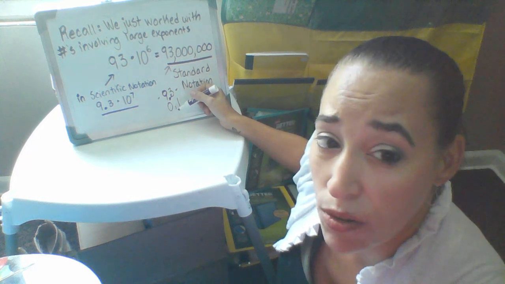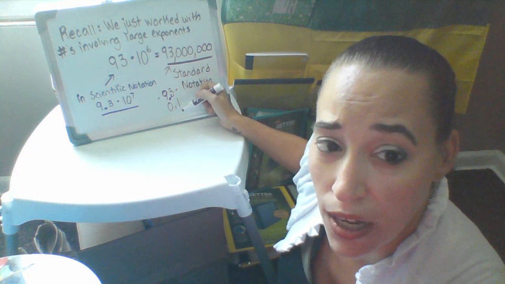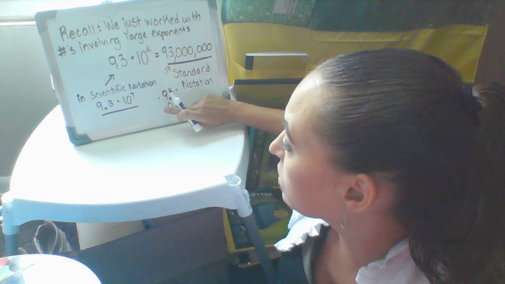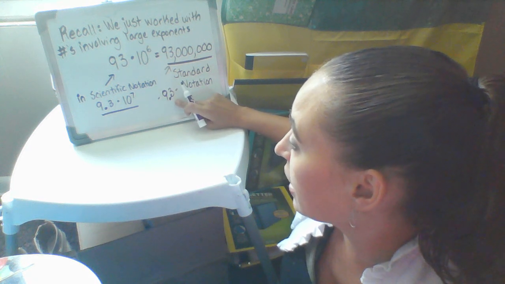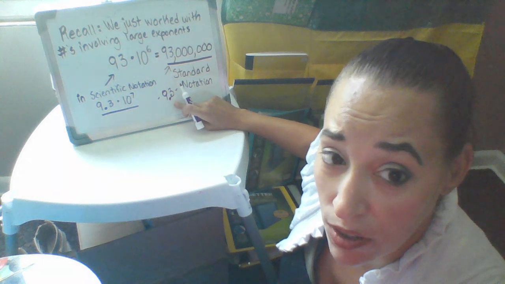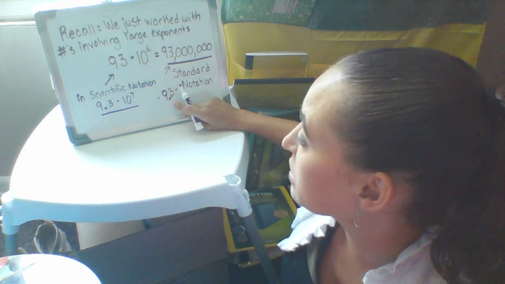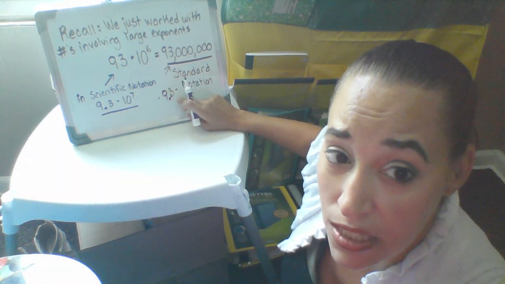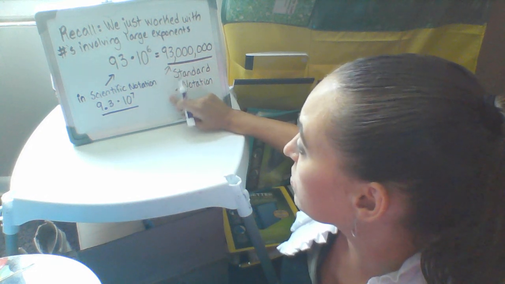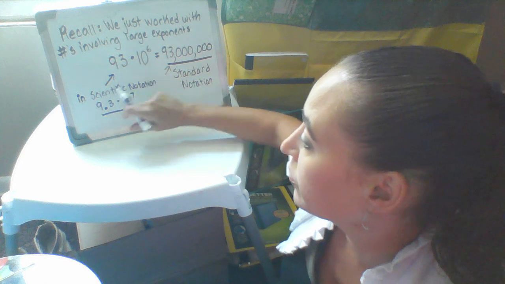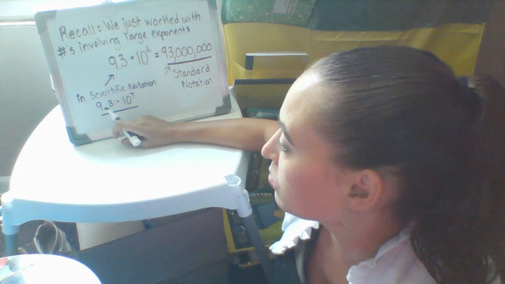No, this is not greater than 1, so it doesn't work. So it can't be a 0. It has to be a number greater than 1 and less than 10. So that's how I chose the 9.3 from this number. So now I have 9.3.